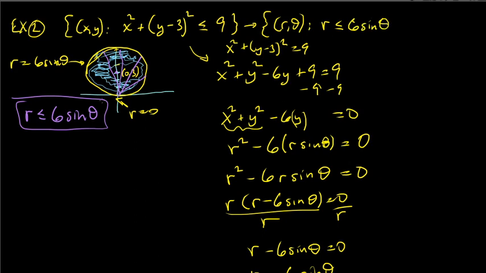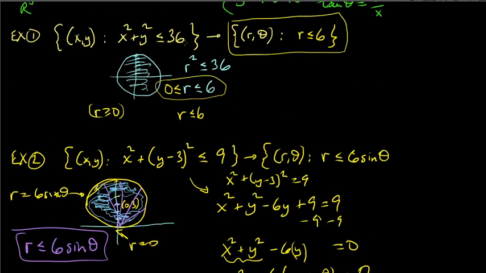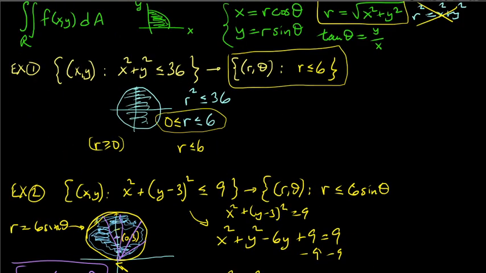But we have to be a little careful now, because we didn't specify theta before. We just naturally assume that if we want the entire disk, theta goes all the way around, from 0 to 2 pi. So I suppose we should have specified that here. So r is less than or equal to 6, and theta is between 0 and 2 pi.